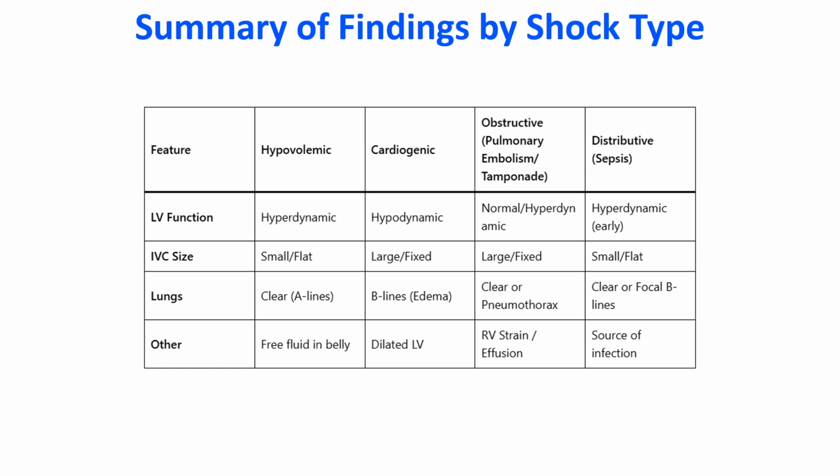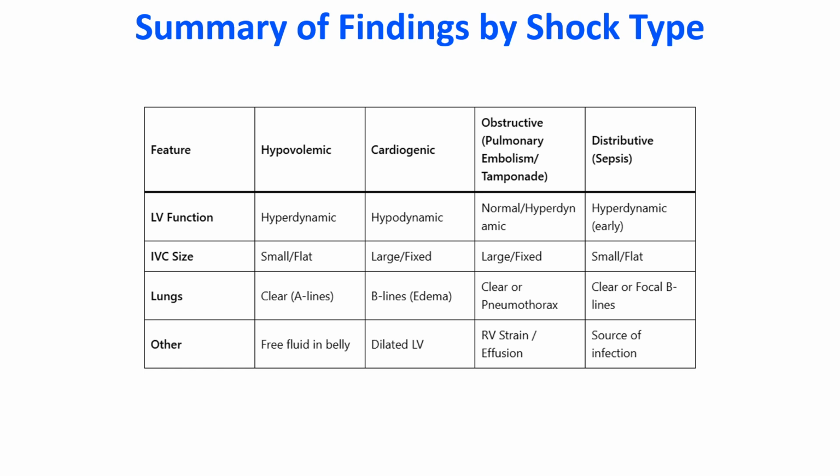Once again, to summarize the findings by the type of shock, LV function: hyperdynamic in hypovolemic shock, hypodynamic or hypokinesia in cardiogenic shock. In obstructive, it could be normal or hyperdynamic, and in distributive shock due to sepsis, it is hyperdynamic in the early stage before the development of sepsis-induced cardiomyopathy.